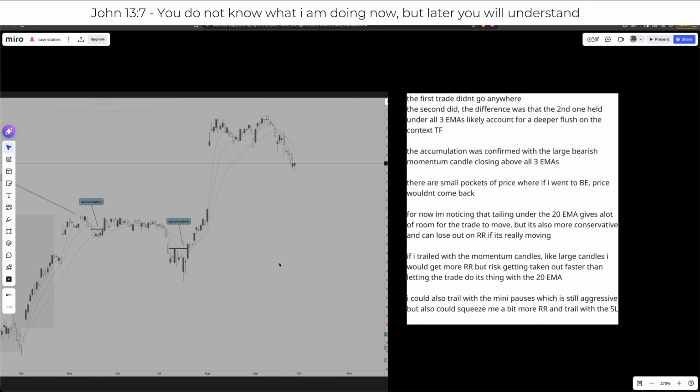How could I do this? How could I get the most out of a move? I feel like getting the most out of the move is with the 20 EMA break. But that could also risk losing a lot of RR gain.